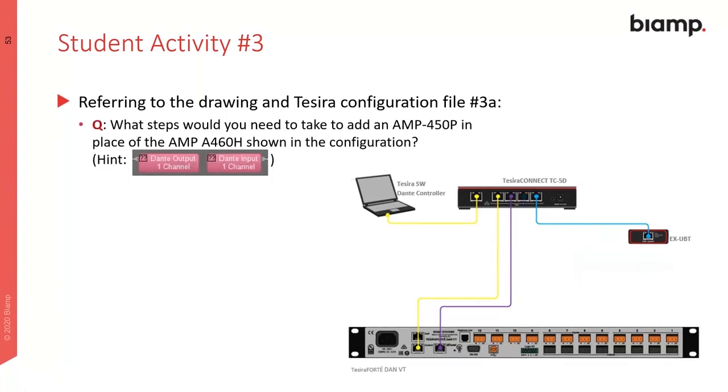And in this case, we need to place an AMP 450. So how can we do that? We need to have a digital AMP in 40. So let's open the third file, which is the 3A.